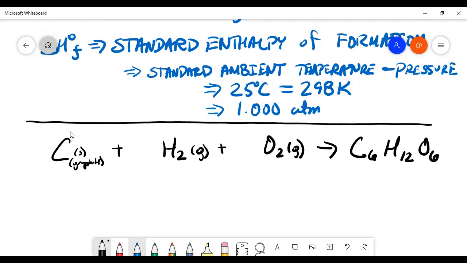And you obviously would remember that we need 6 carbons up front here. We have 12 hydrogens coming from molecular hydrogen, so we need 6 molecular hydrogens up here. And we have 6 oxygens coming from molecular oxygen. We need 3 molecular oxygens up here. 6 moles of carbon atoms plus 6 moles of hydrogen molecules plus 3 moles of oxygen molecules yield 1 mole of glucose molecule.